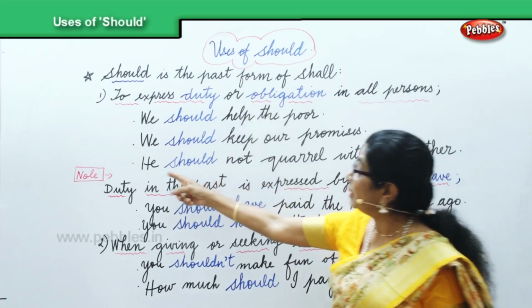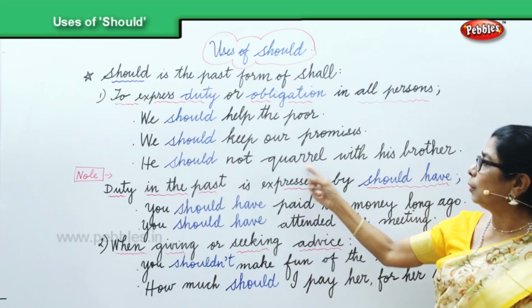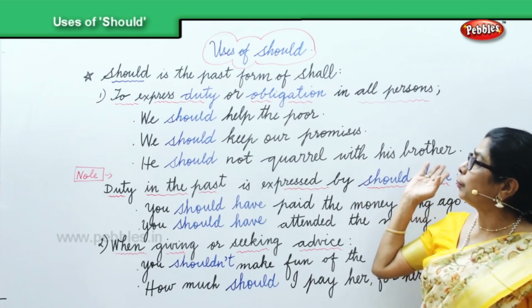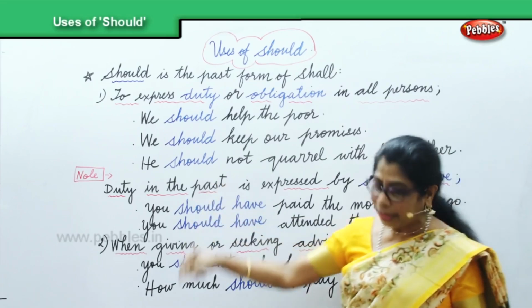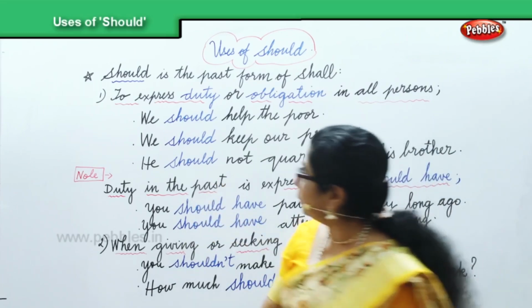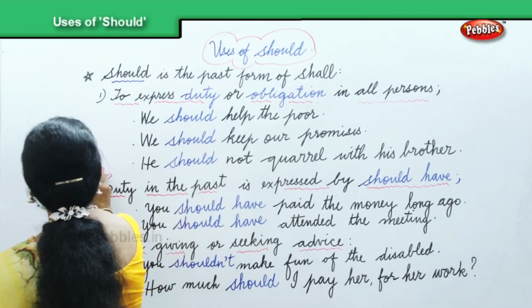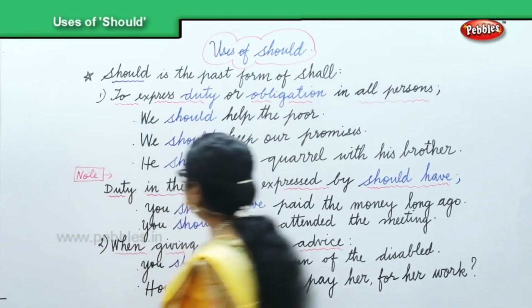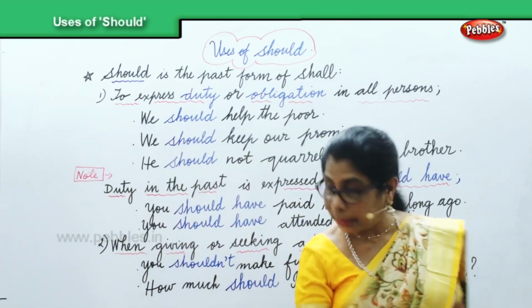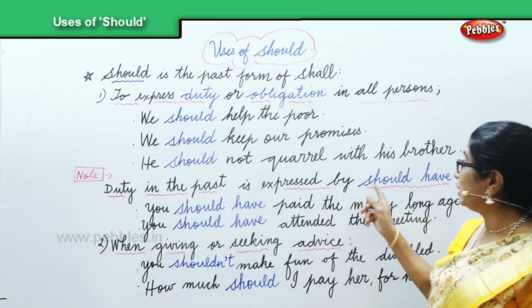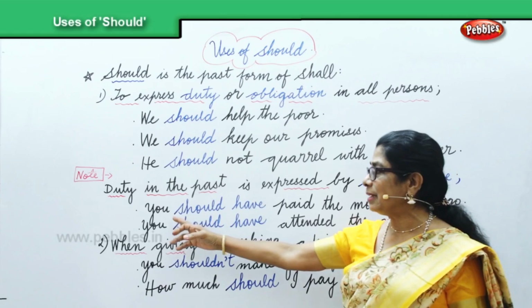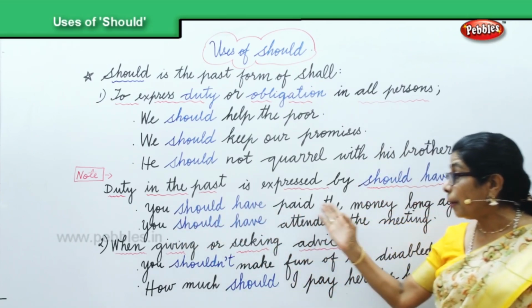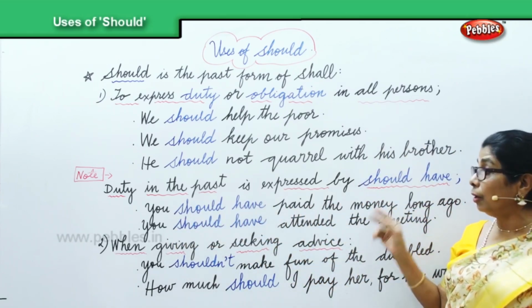Next, obligation. He should not quarrel with his brother. He's supposed to take care of his brother. His obligation to look after the brother. We have to note something here. It says, duty in the past is expressed by should have. So look at the two sentences here. You should have paid the money long ago.